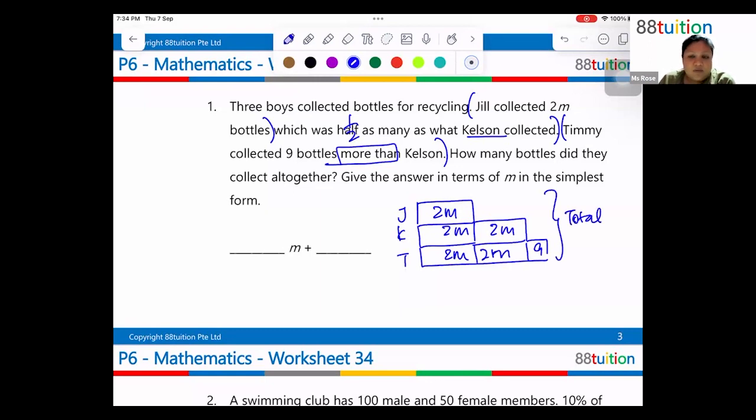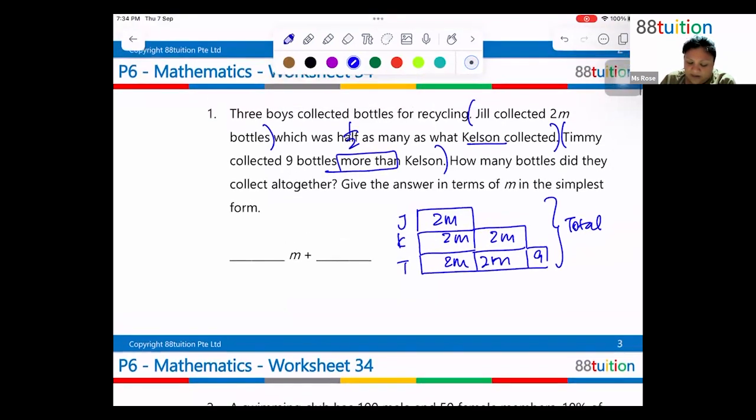To find the total, there are 2 parts to it. The first part is to count the number of bottles with M, and then the second part is just 9. They give you the M there. So how many M should there be?